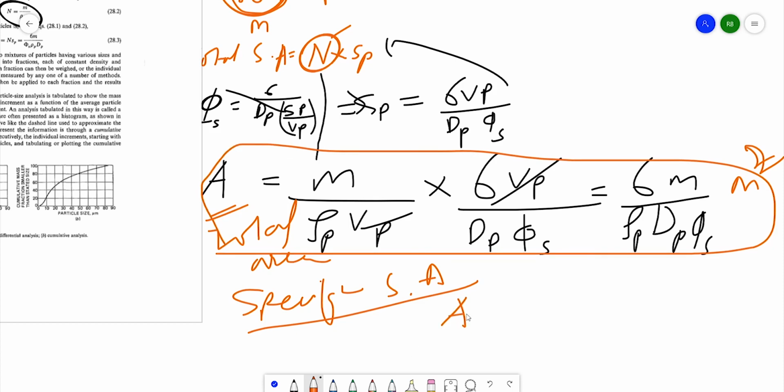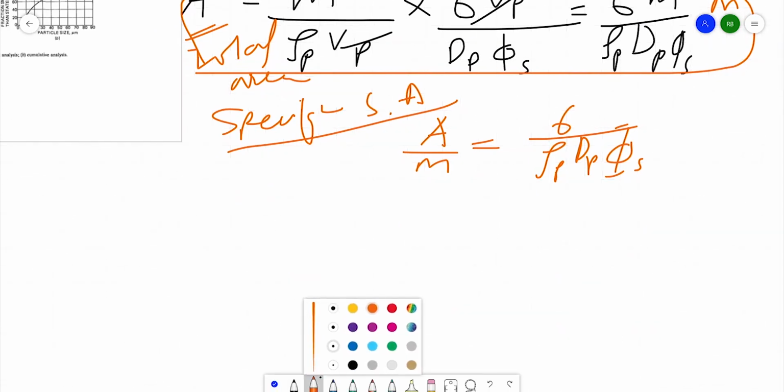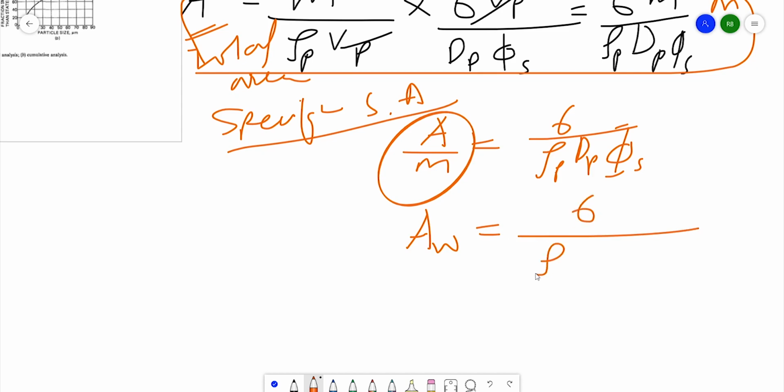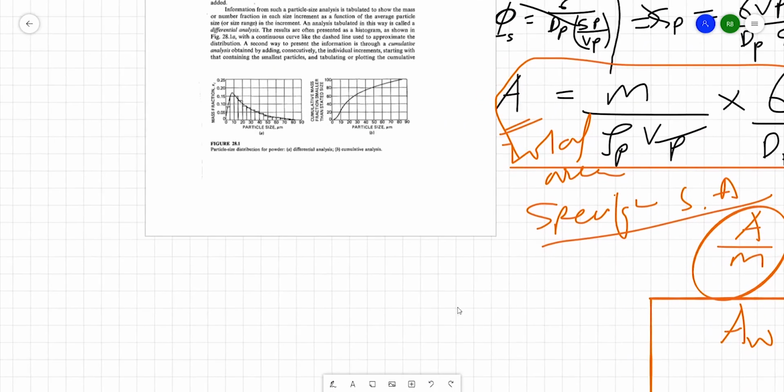You will be left with A by M is equal to 6 by rho p dp phi s. This term will be called Aw, which means it is the specific surface area. So you have got the formula for the specific surface area of a sample. This is how you have derived it.